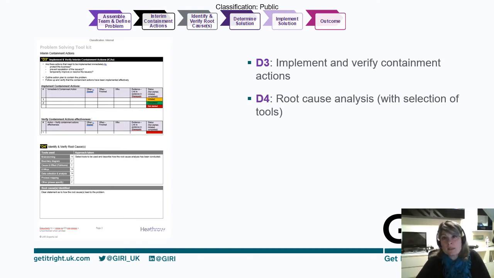So a third step, after you have understood the problem, is to verify the containment actions. And we have space here in our tool set where you can put down the actions and track actions, and make sure that people have gone and implemented the solutions that the team has discussed.